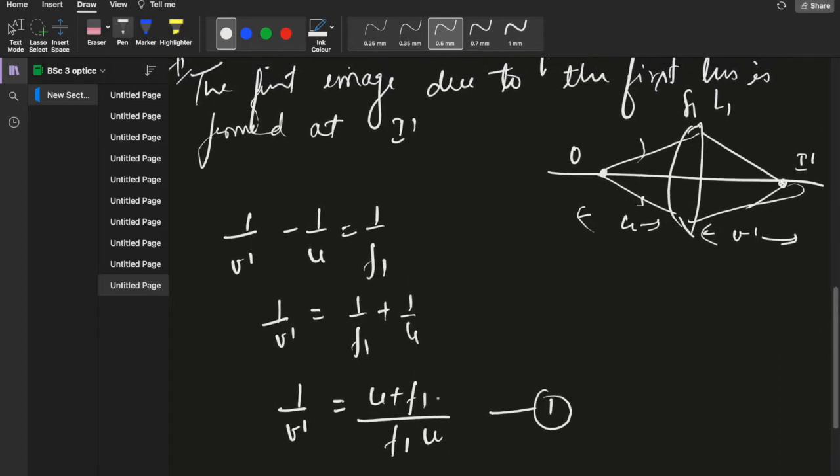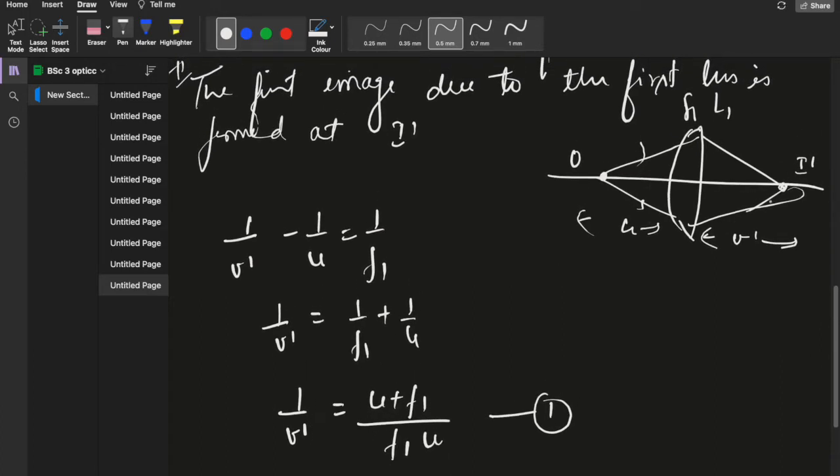Now we said I dash is behaving like a virtual object for L2. If we put L2 here, the light will converge somewhere here. So this is I. So I dash is behaving like a virtual object for lens 2, which is of focal length f2.